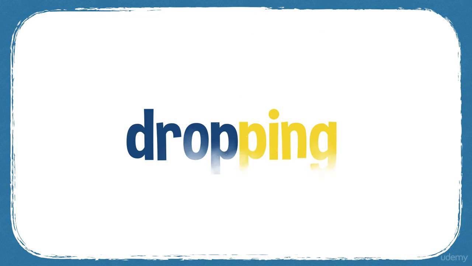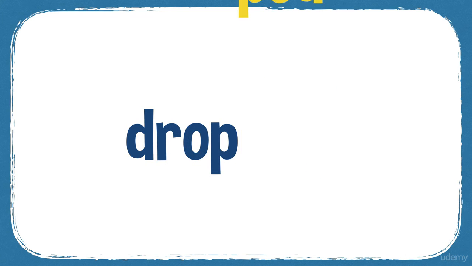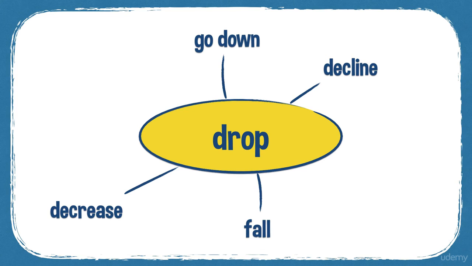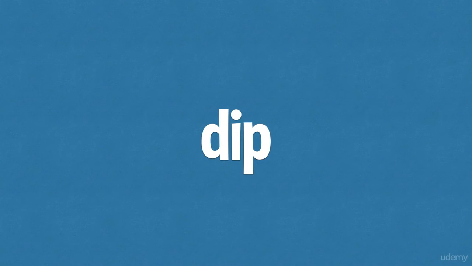And here are the verb forms for drop. Dropping, double P there. And the same again, dropped. And some synonyms for drop: go down, fall, decline, decrease. Finally, the word dip.